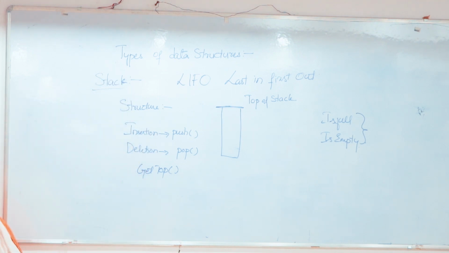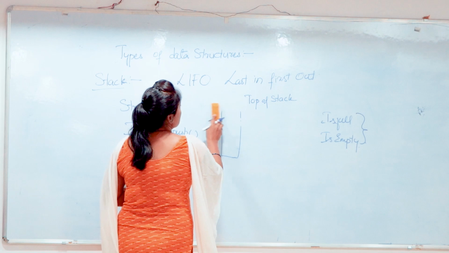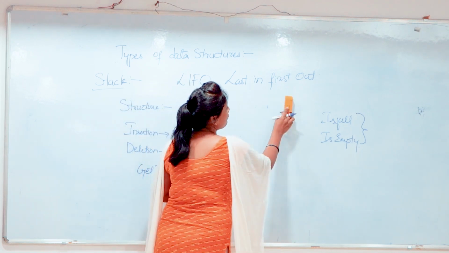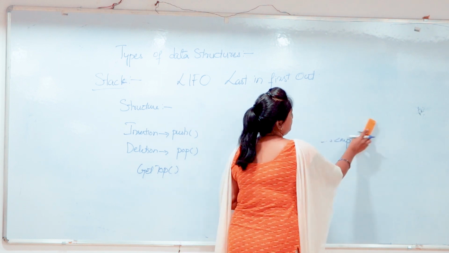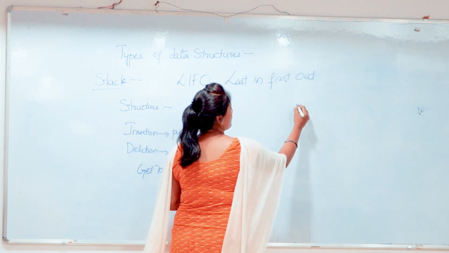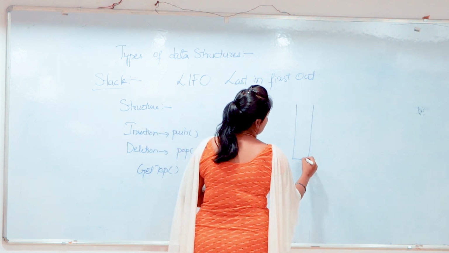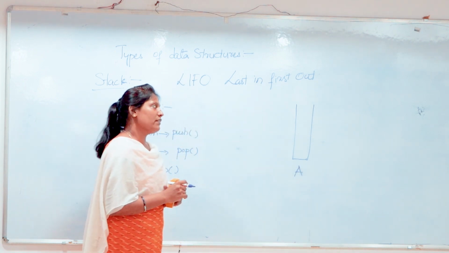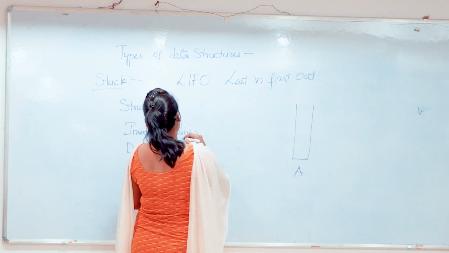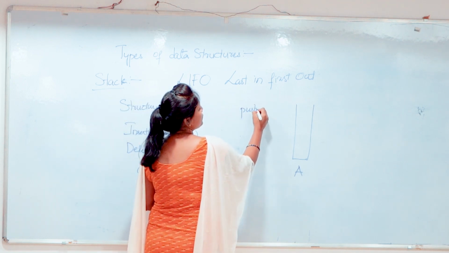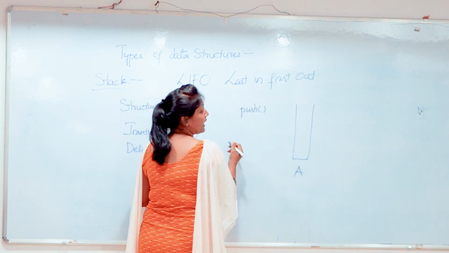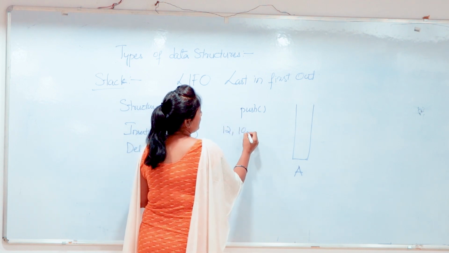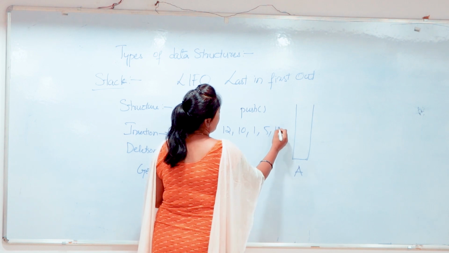Let us see how elements will be inserted into our stack with the push operation. Now this is a stack, and suppose A is the name of the stack. I am performing the push operation with the elements 12, 10, 1, 5 and 18.